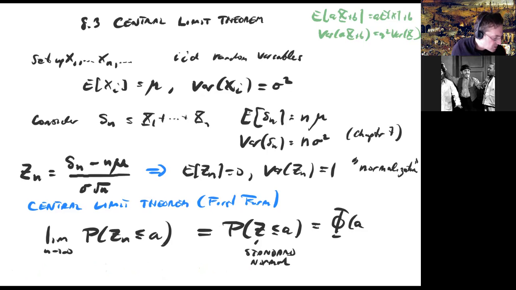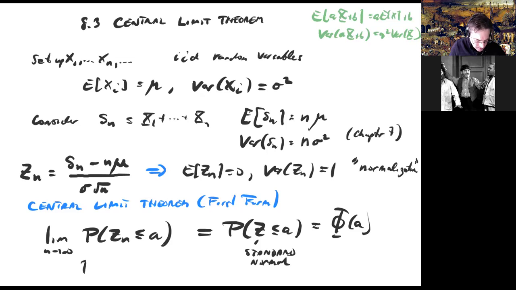So what does this tell us anyway? What this tells us is that we can approximate the distribution of Z sub n by the standard normal distribution if n is large.